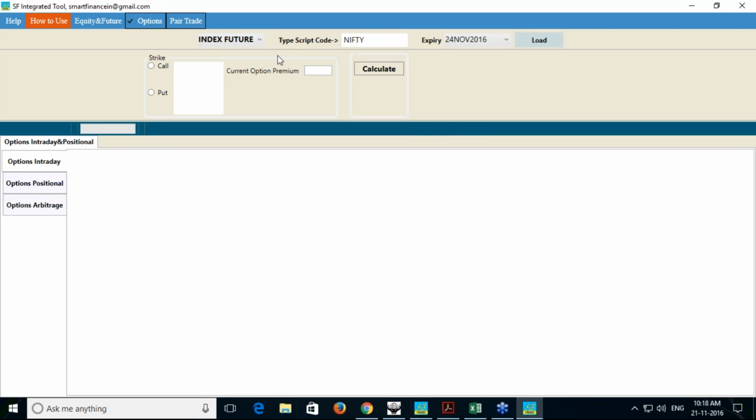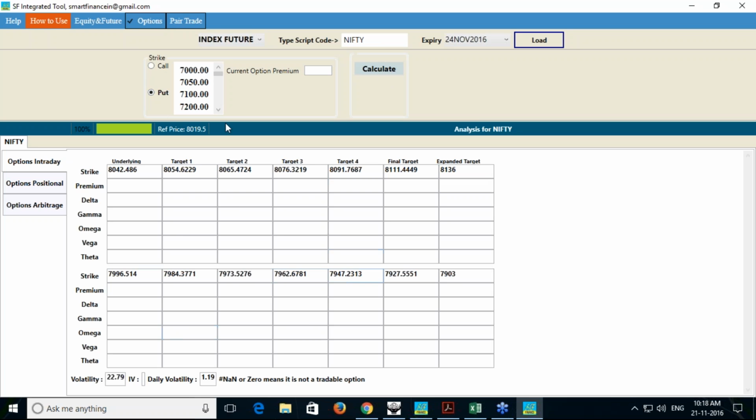If you are going for index future, in the same way, load the data. Once the data is loaded, call options or put option strikes will come here. I first need to download the data and calculate, and I will get the analysis here.